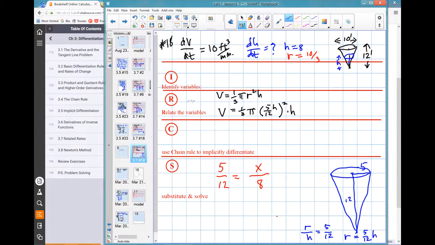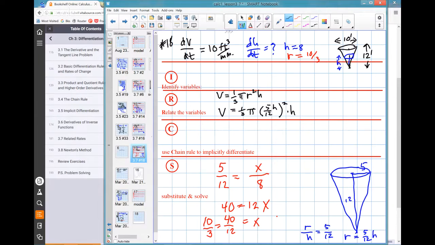When you cross multiply, you get 40 equals 12X, and then X equals 40/12. If you reduce that, 4 into each, it would be 10/3.